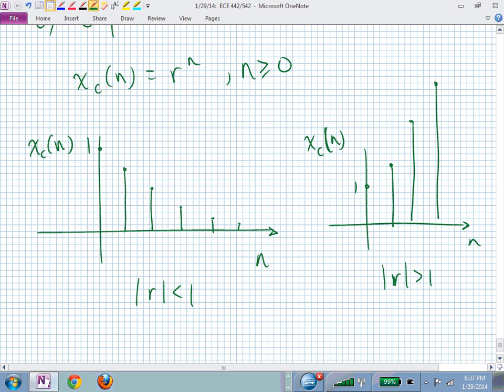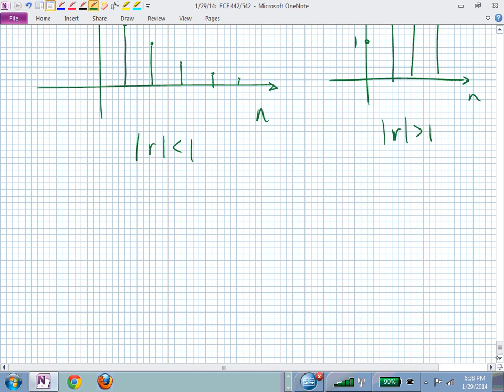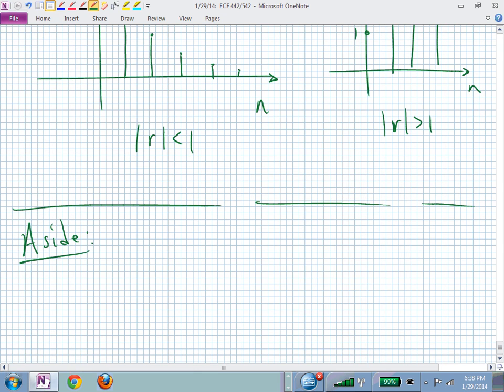Now, to connect this with what you already know, again, sort of continuous time and discrete, here's a little adventure. Let's do an aside. We can actually say, well, I know what an exponential looks like in continuous time. That's maybe this e to the minus at for t greater than or equal to 0.